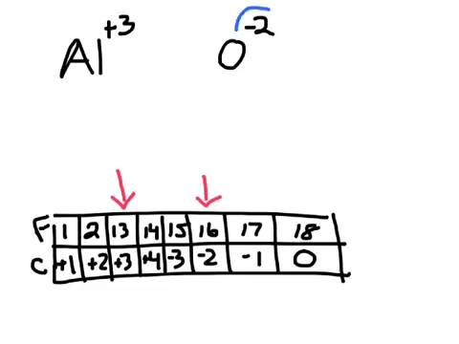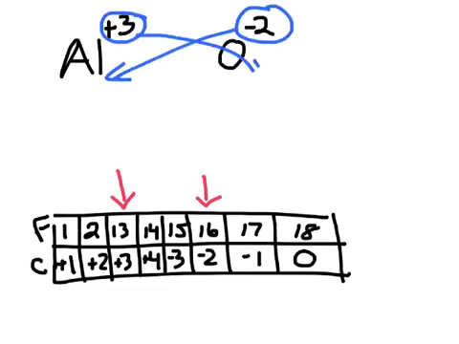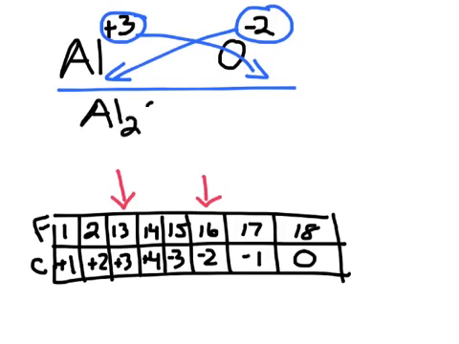Well, based on what we learned, the charge of one becomes the subscript of the other. We bring that down and we have Al sub 2, oxygen sub 3. Can this be reduced? No. So this is the compound, aluminum oxide.